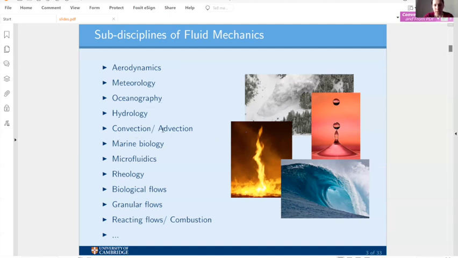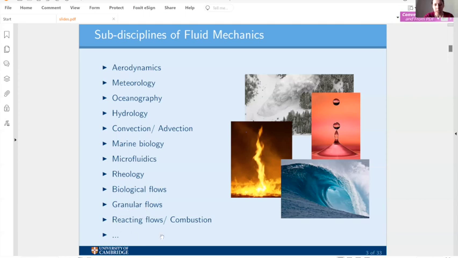So in convection and advection, we investigate how buoyancy-driven flows transport heat, mass, and contaminants. Then, for example, in biological flows, we look at how the blood flows in our bodies. Granular flows is the science of avalanches, or we look at how sand dunes move in deserts.